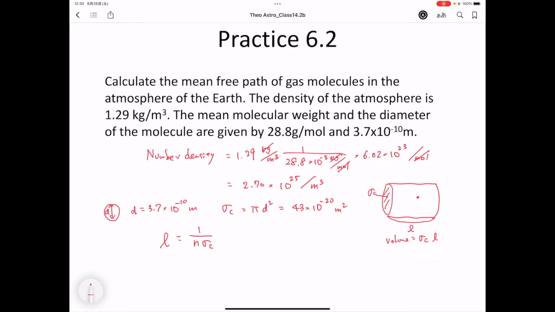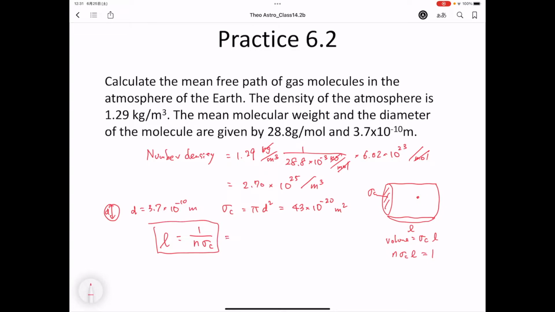We multiply the number density with the volume to find the number of gas molecules in the cylinder. When n sigma sub c L equals 1, we expect a single collision between the gas molecules. So from this equation, you can find that L equals 1 over n sigma sub c.